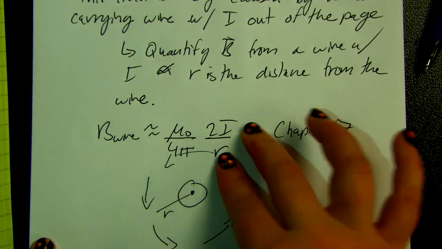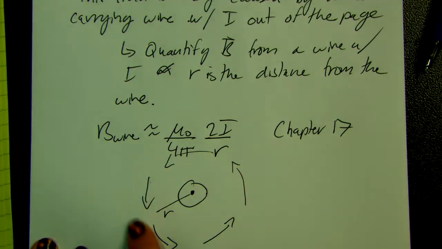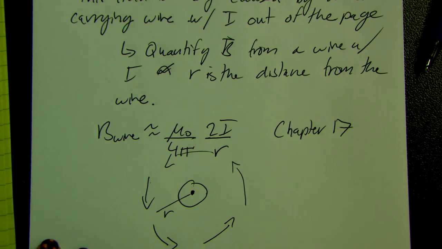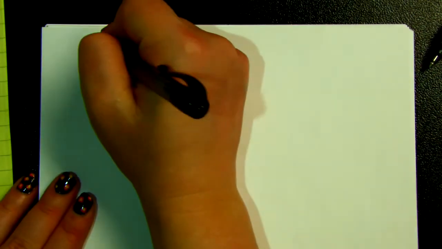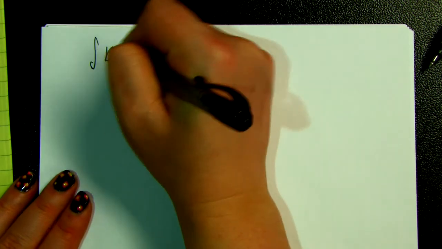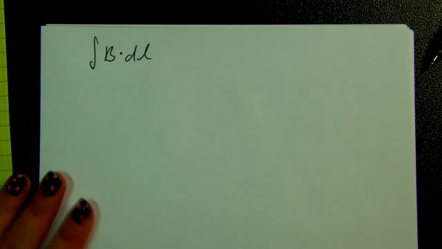So you're adding them up, or integrating, all along this round trip path, taking the sum of all the magnetic field contributions as you walk around in a circle.